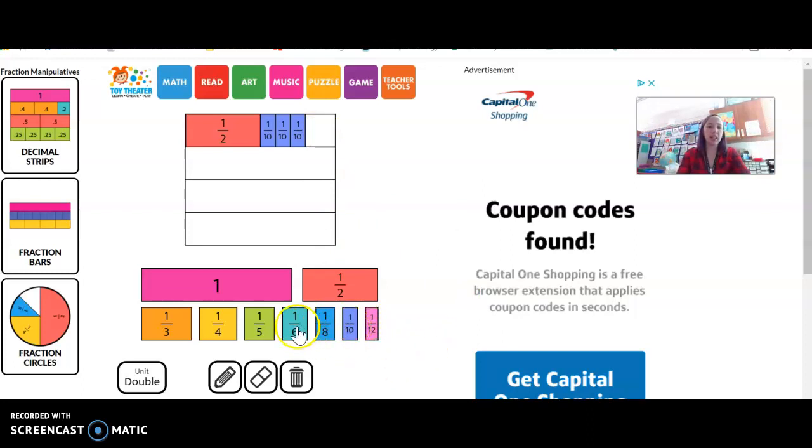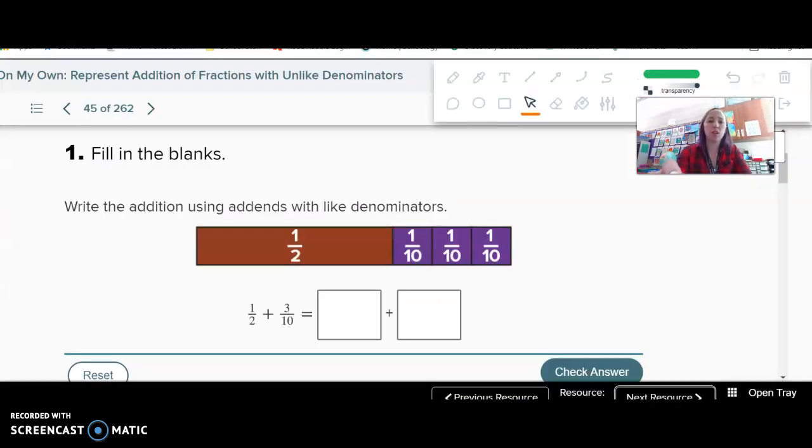Some things, like I can't make 6 equal to 10ths, right? Those don't go together. But if I try it, oh look, 1/2 equals 5/10. So this is 5/10 and then 3 more 10ths. So I just have 5/10 plus 3/10, which gives me 8/10.